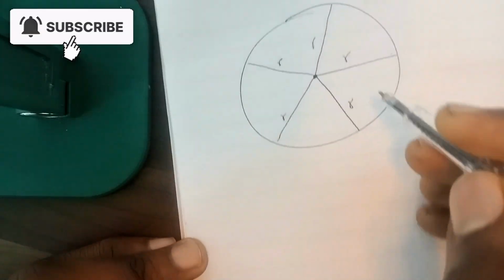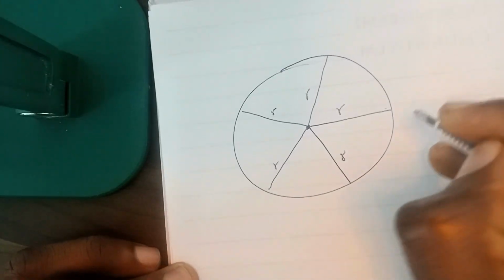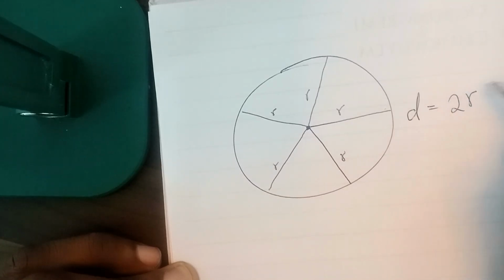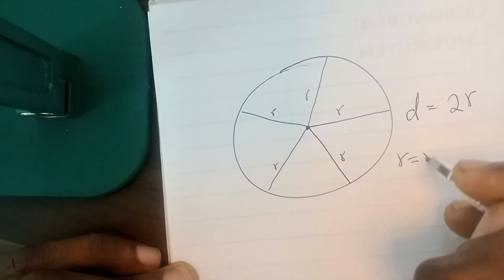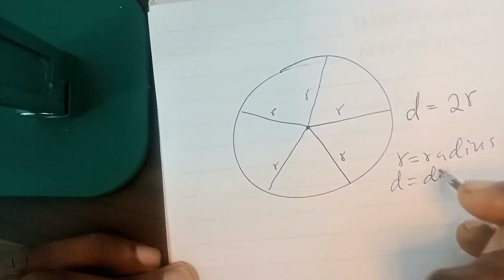Okay, get that. So I'm quickly going to be giving us a formula, and that formula is diameter is equals to 2r, where r is the radius and d is the diameter.